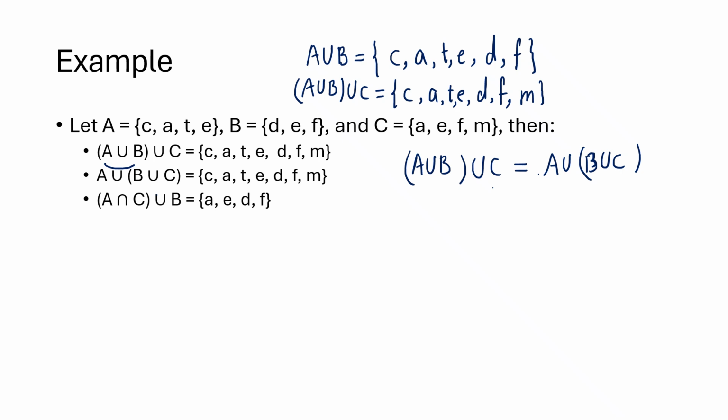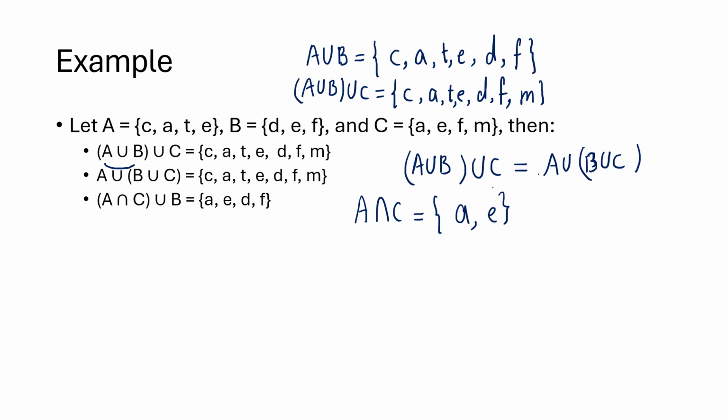Another example, A intersection C union B. For people who are doing this for the first time, I always encourage them to do this step by step. So first we do the intersection. What is the intersection of A and C? What do A and C have in common? They have A in common and also E in common.